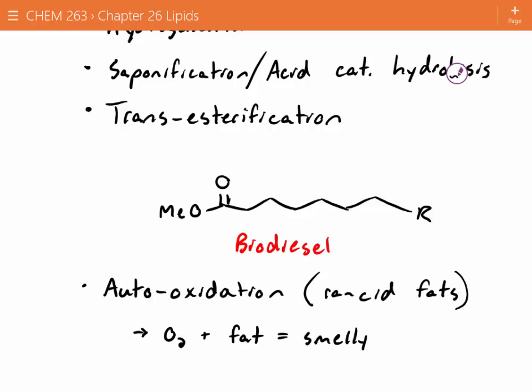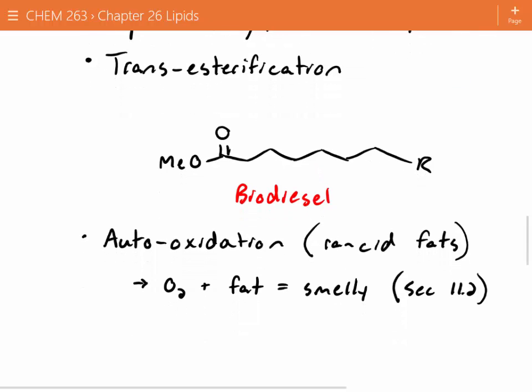I'm not going to go into the reaction here, but if you are interested in reading about it, it's in section 11.2, and it has a lot to do with radical chemistry. Oxygen as a gas has a lot of radical character, so it will actually react with double bonds in the same way as other radicals.